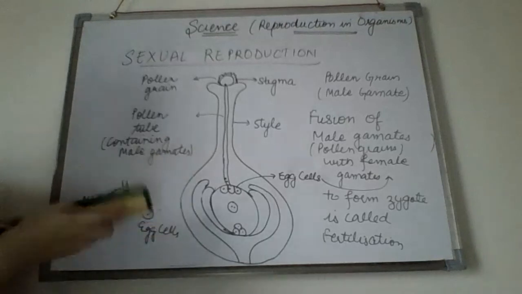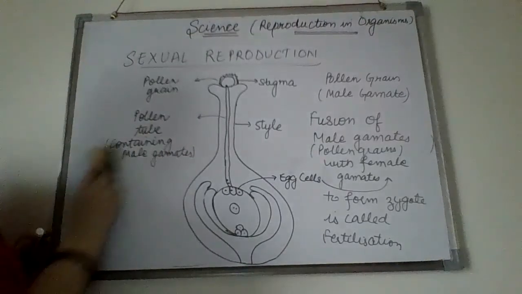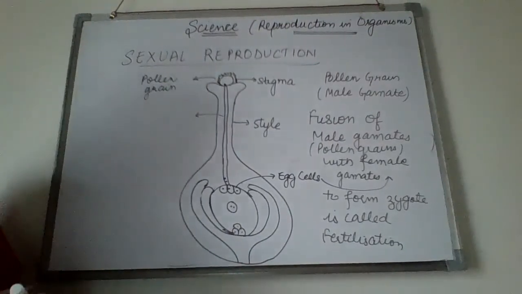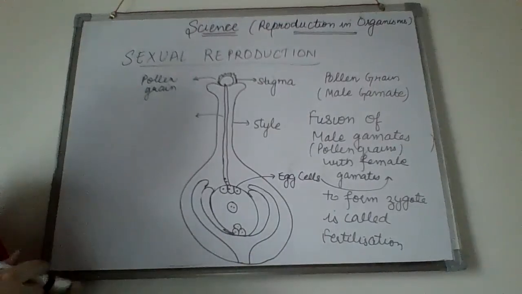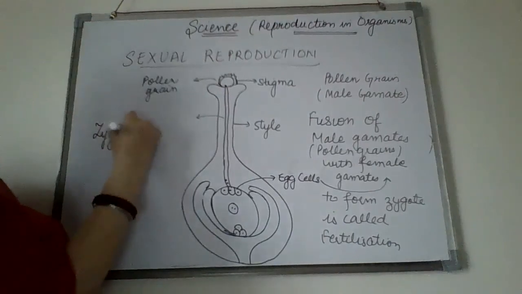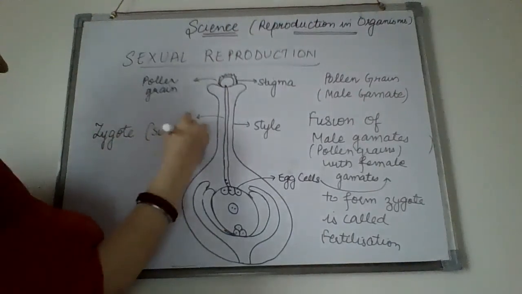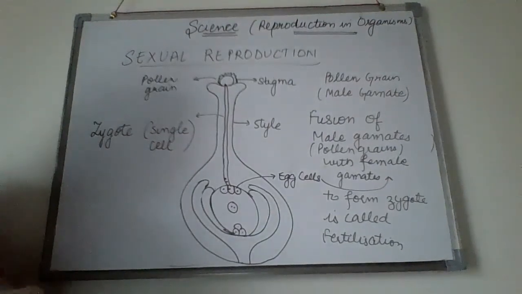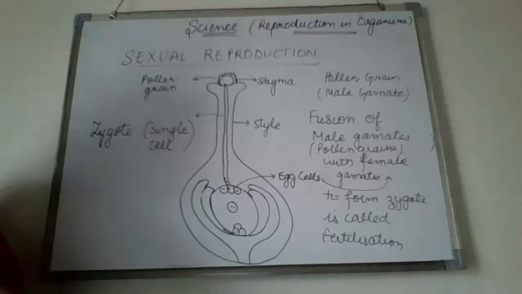Now you must be curious about the zygote. What the zygote actually is: when the male part and the female part fuse, they form a single cell. So the zygote is that single cell that forms after the fusion process. Now this zygote will be further dividing.